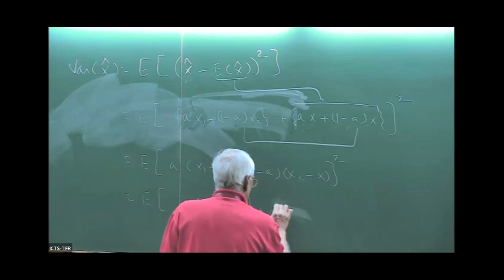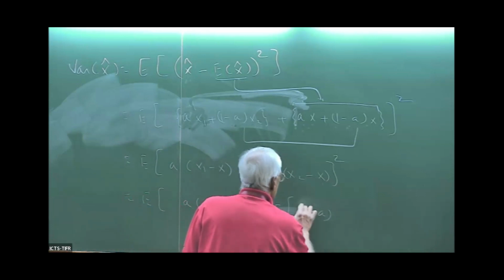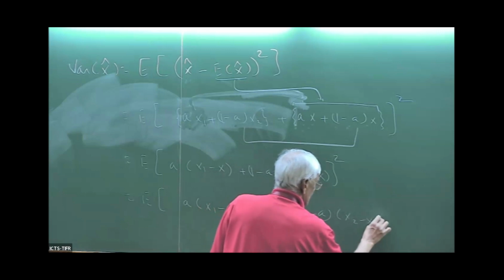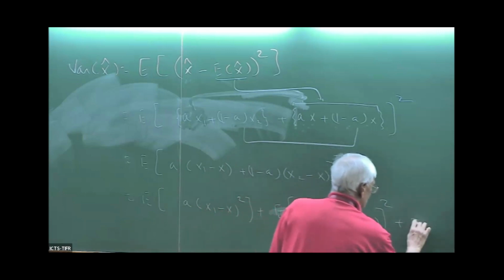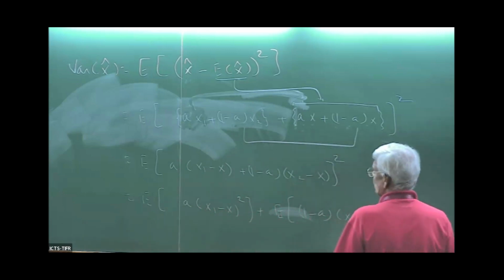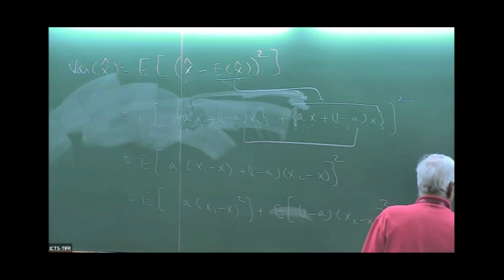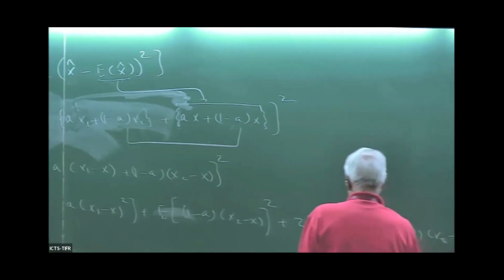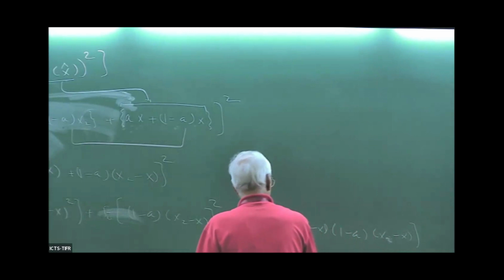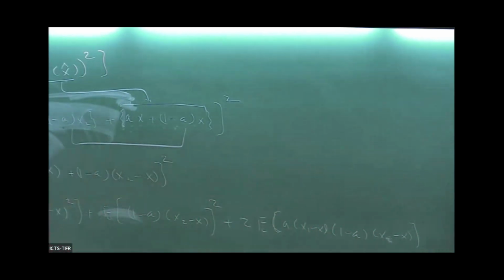This is expected value of 1 minus a times x2 minus x whole square plus 2 times expected value of a times x1 minus x times 1 minus a times x2 minus x. Are you with me?